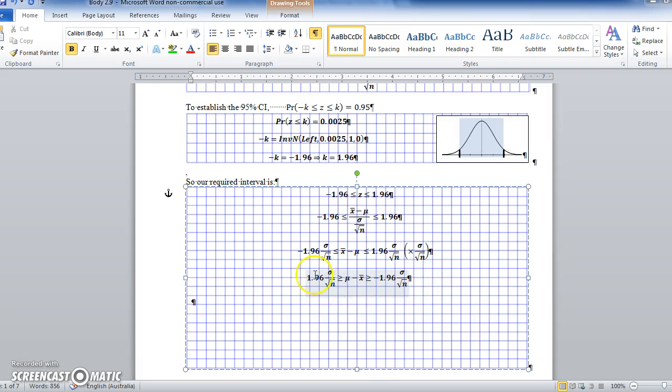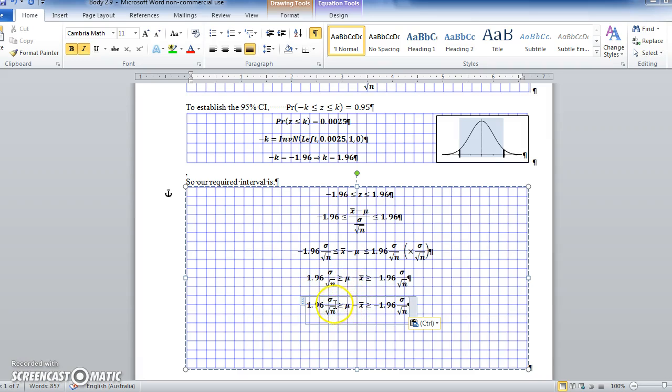Okay, and then really quite simply, we look at this inequality here, and this is saying that mu take x bar is greater than or equal to -1.96 sigma on root n, and it's less than or equal to 1.96 sigma on root n.